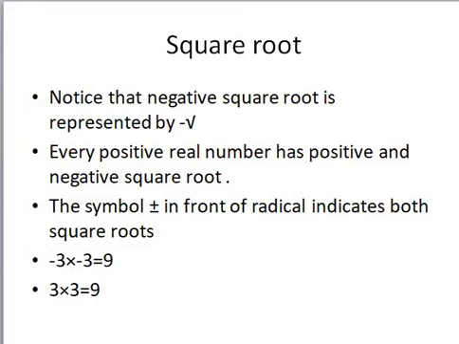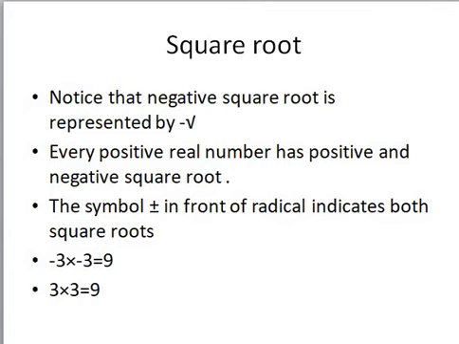If you see a plus or minus in front of the radical, it means the answer could be positive or negative. The square root is the root of a perfect square, so what comes under the square root is a perfect square.